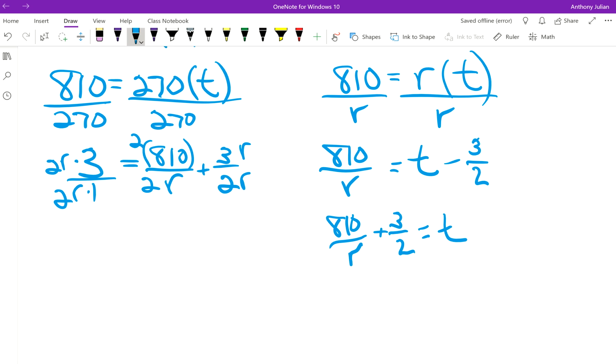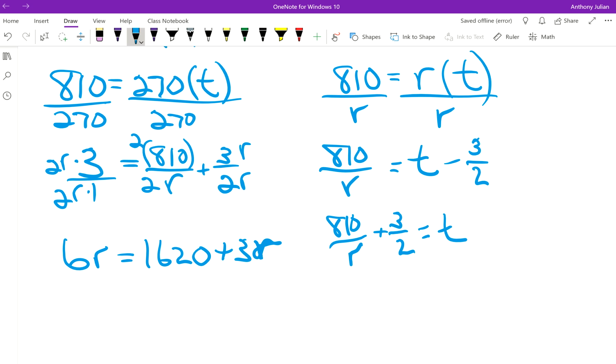All right, and let's see what we come up with. Our denominators are the same, so I'm going to have 6r. That equals, what is that, 1620 plus 3r. That's an r.